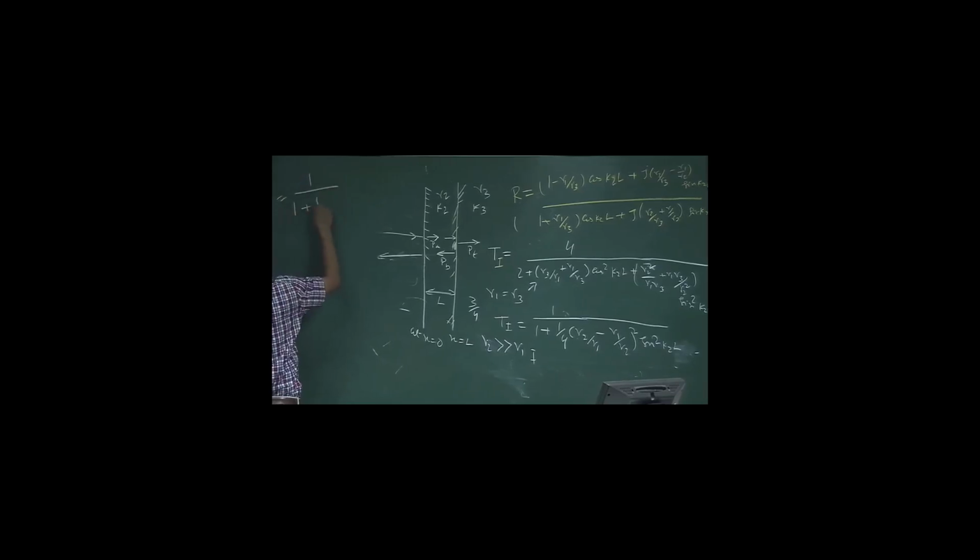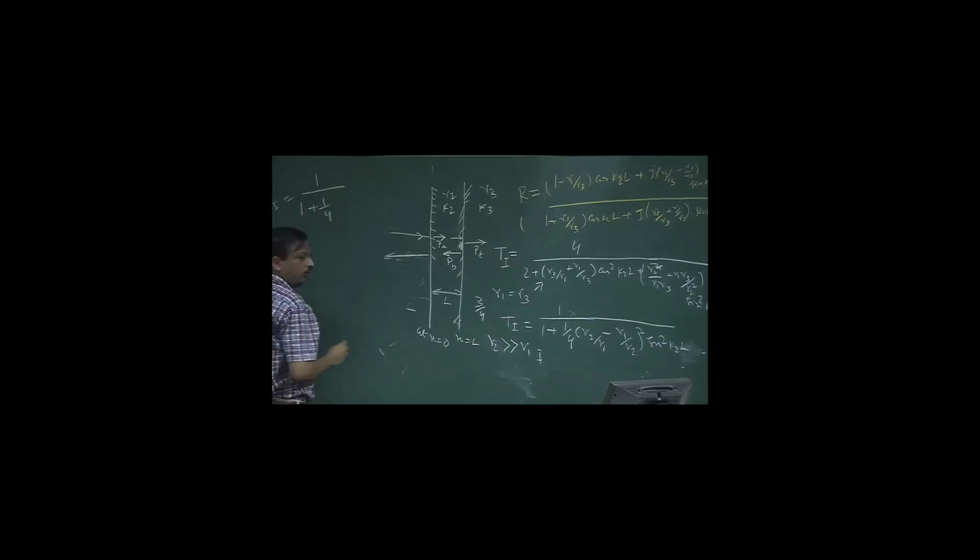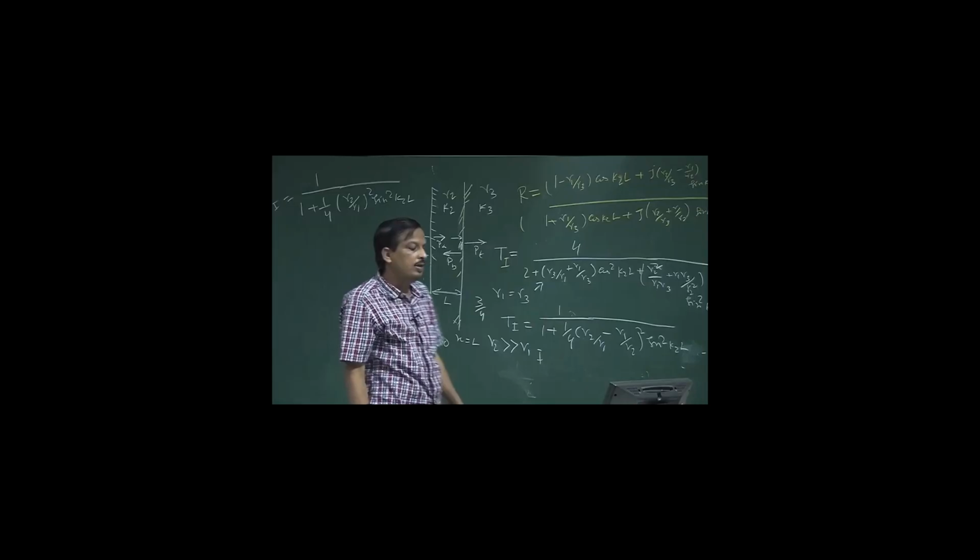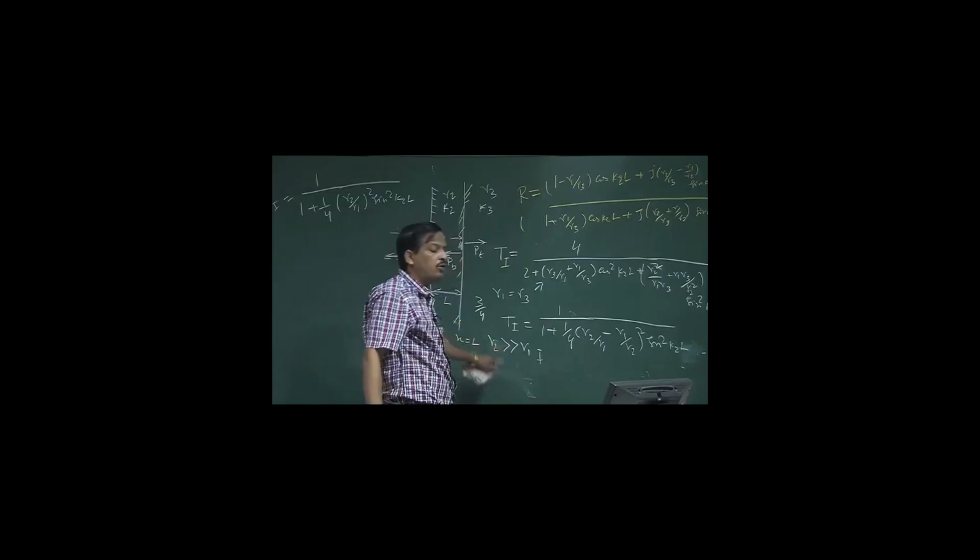TI will be equal to 1 by 1 plus 1 by 4 [R2 by R1] whole square sin square K2L, since R1 is much less than R2.